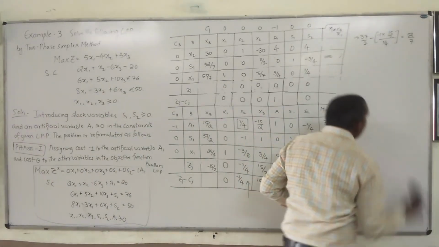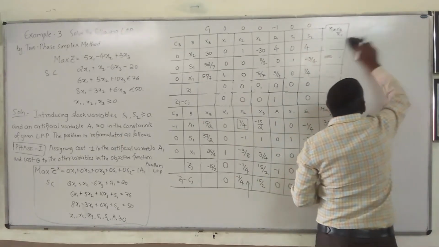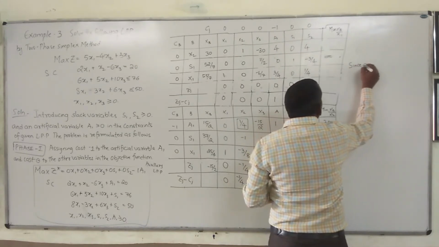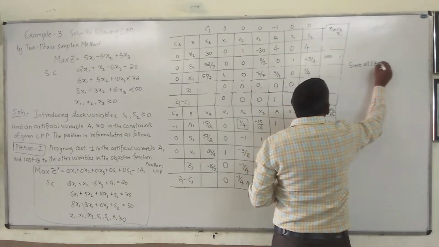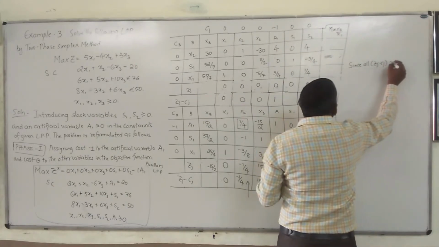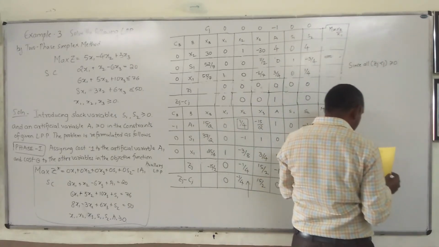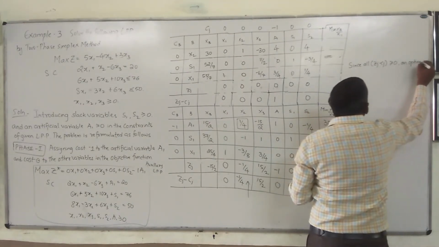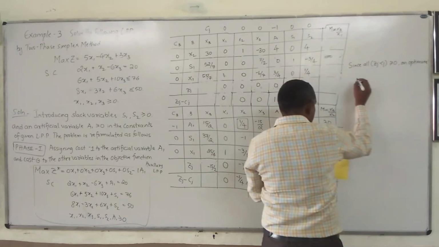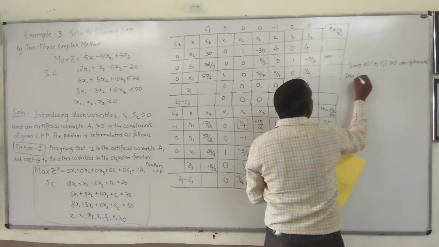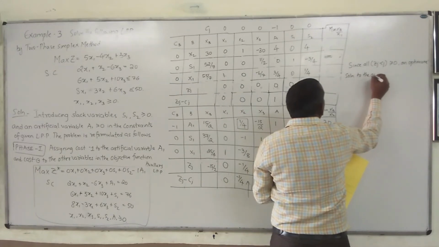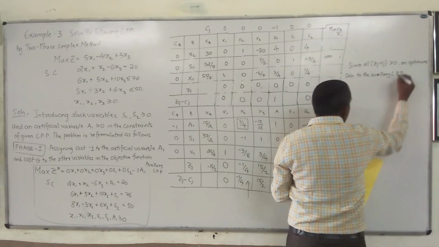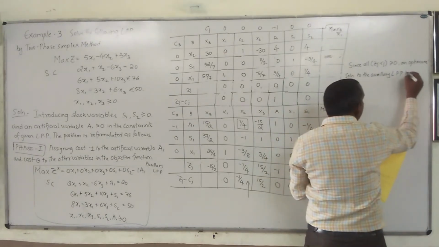So now what happens here? Let me write the conclusion. Since all Zj minus Cj is greater than or equal to 0, an optimum solution to the auxiliary LPP has been obtained.